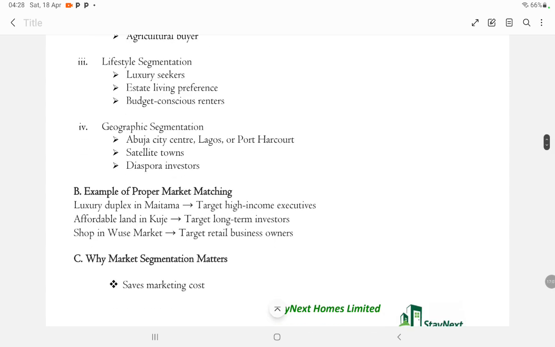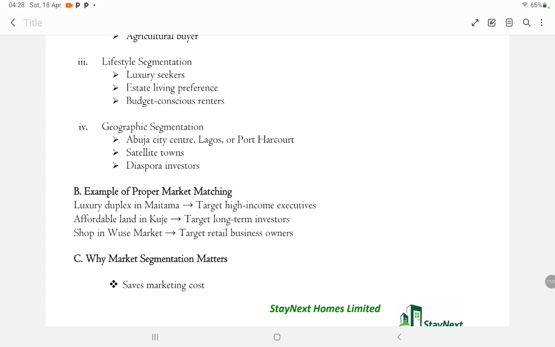Lifestyle, some people's target is lifestyle. Some people buy property in Banana Island because they want the status. The same house in Ikoyi or Banana Island is the same thing as anywhere, the same duplex, the same structure, but you also have that status: I'm living in Banana Island.